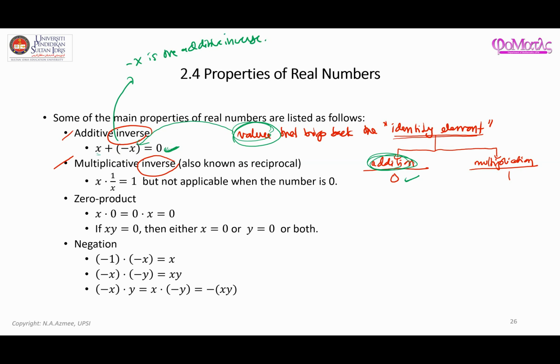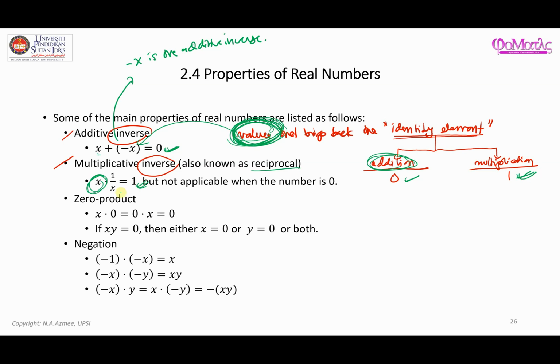Now, similar to the idea of additive inverse, multiplicative inverse, which is also known as reciprocal, means you need to find a value such that when you multiply it with x, the result is equal to 1.